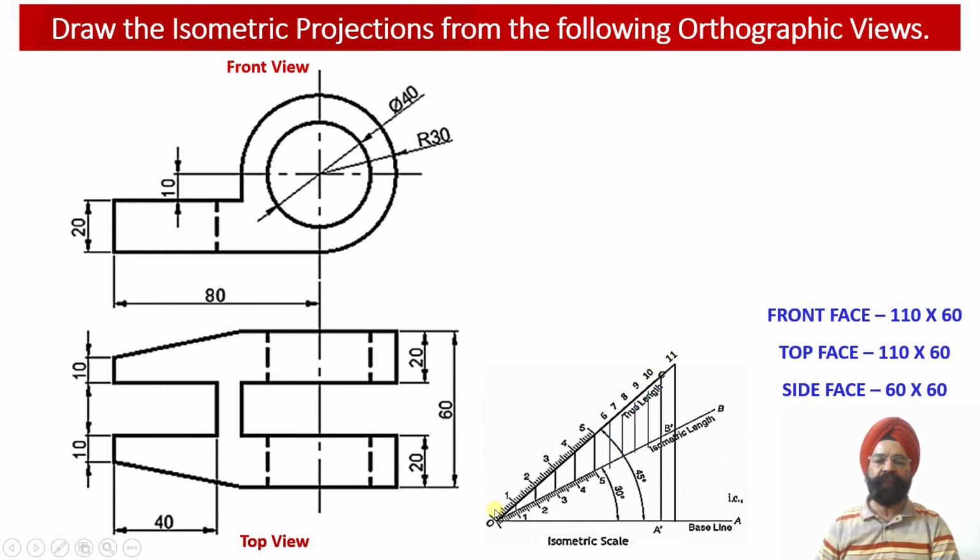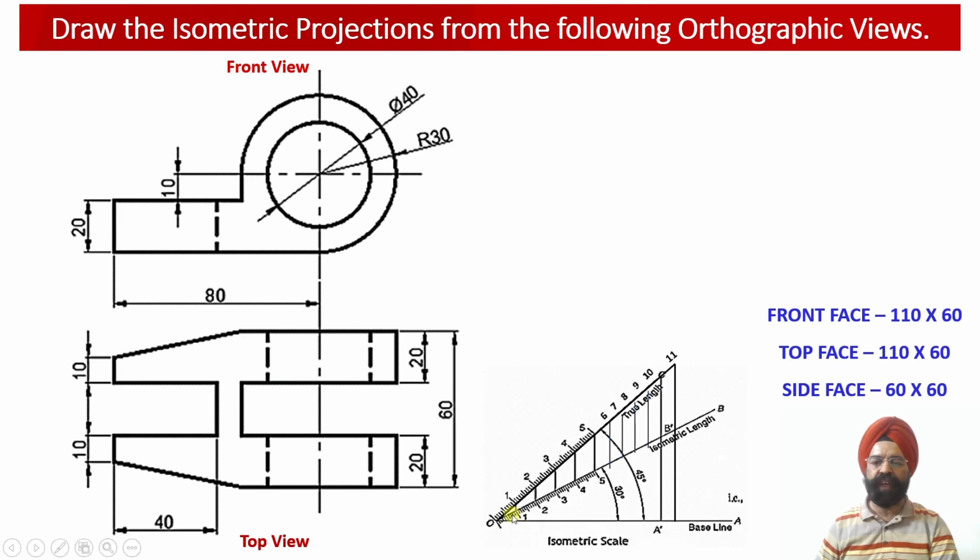Now we have to make markings on this true length scale, and the maximum dimension marked alongside this true length should be the longest dimension involved in this problem. Since the longest dimension is the length of the solid, equal to 110 millimeter or 11 centimeter, we have marked a length of 11 centimeter alongside this true scale.